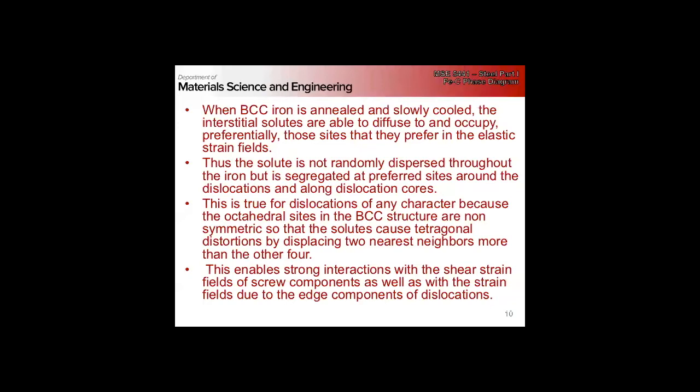If the carbon atom or the nitrogen atom is in the dislocation core, it ends up being a low energy elastic configuration, right? And basically, remember, this is a tetragonal distortion, right?